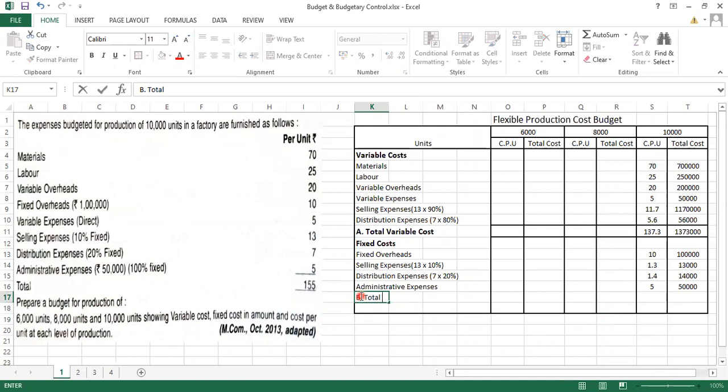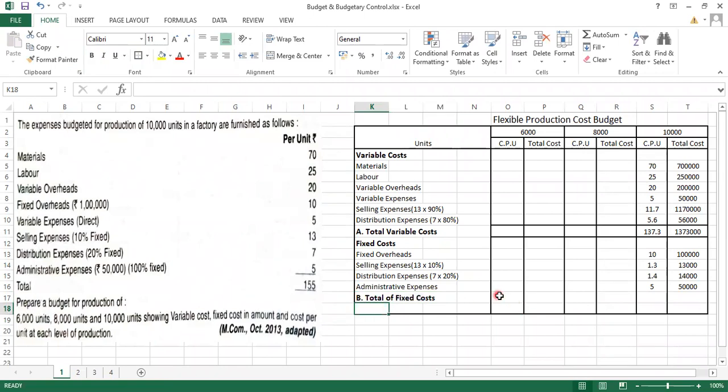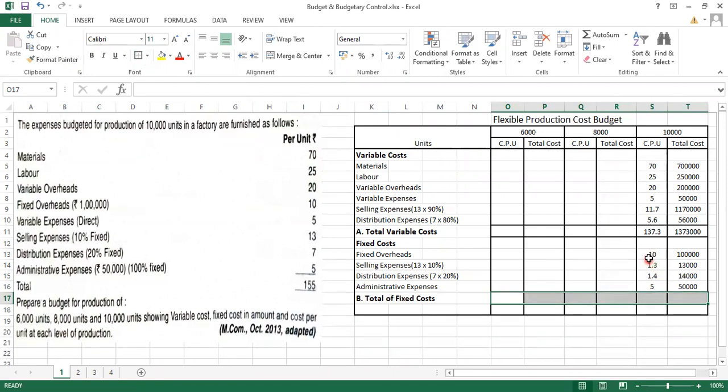Total of fixed cost, 17.7 into 10,000, 1,77,000.